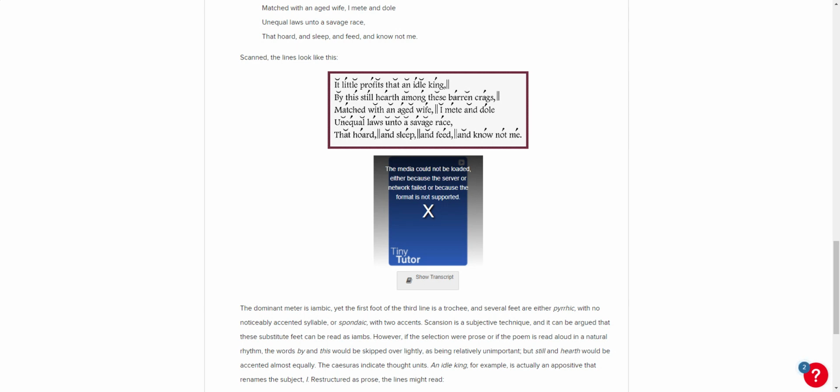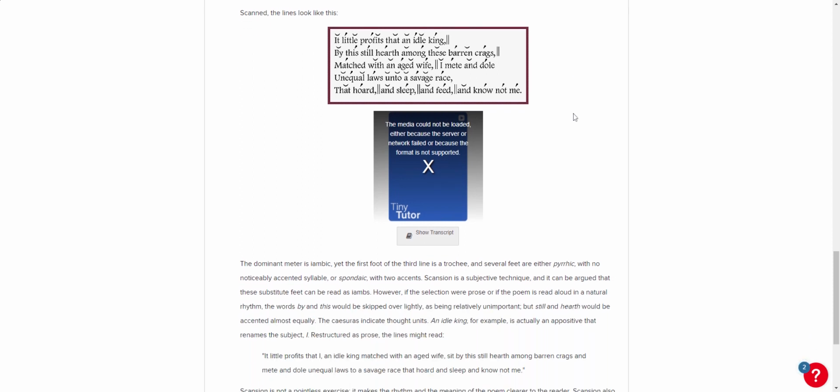In this case, it looks really funky and it can be a little bit hard to tell. But for the most part, we've got two syllables in each foot where the second syllable is getting the emphasis, even though there's a couple of things in there that don't follow that rule.